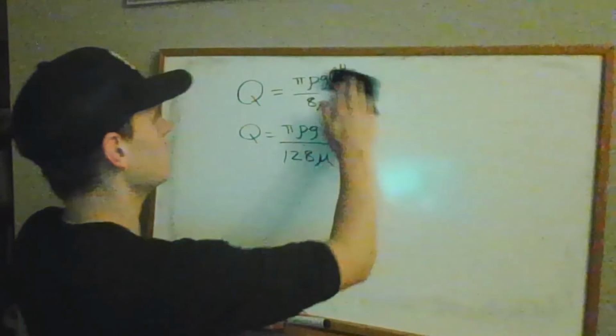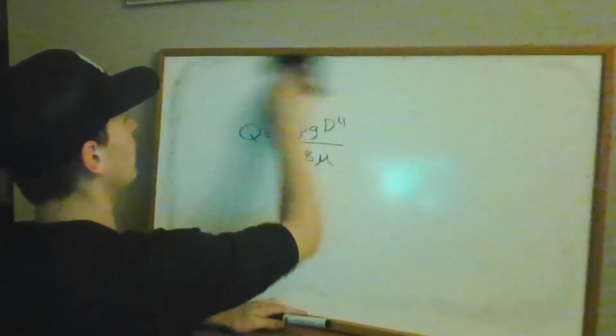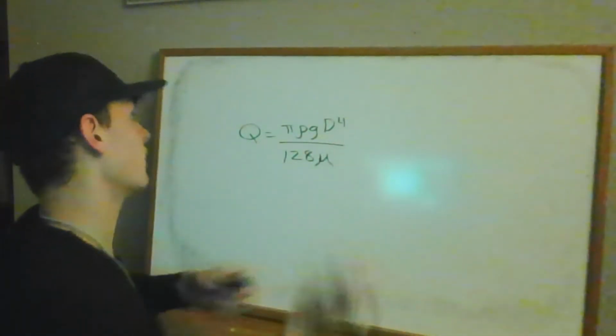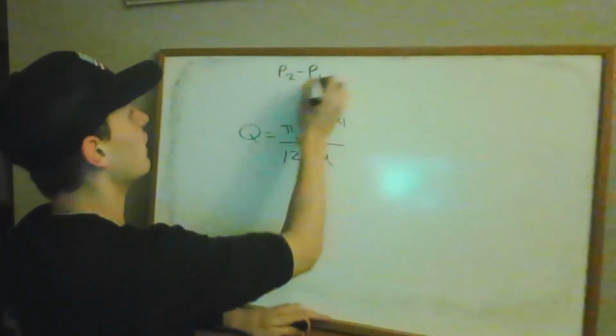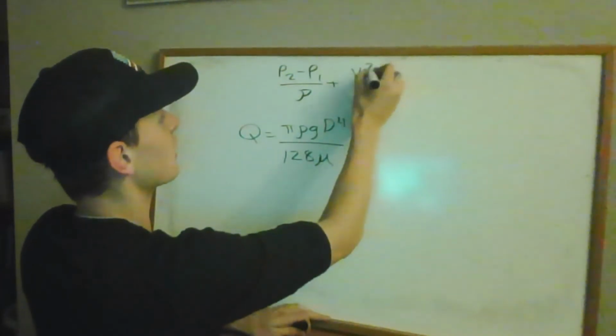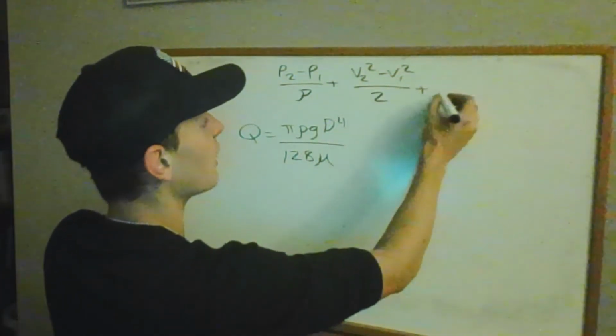So where do we go from here? Basically, now we need to talk about Bernoulli's equation. I've referenced it before, and I'm referencing it again. This expression should be familiar, and it's not as scary as it looks.